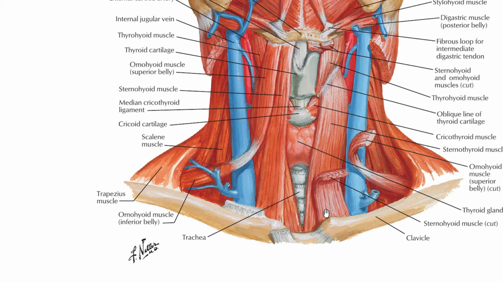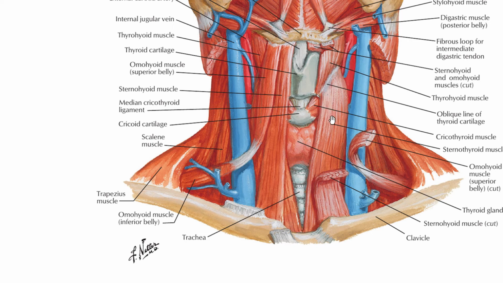So the name of this muscle is again very obvious. This muscle has two attachments. One is on the sternum and the other is on the thyroid cartilage, the oblique line. So this muscle has been named sternothyroid.